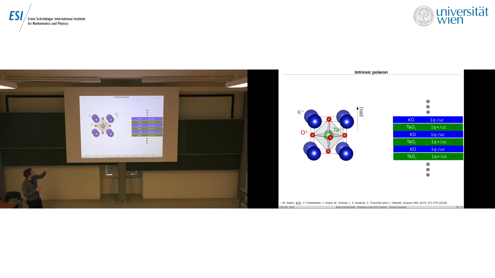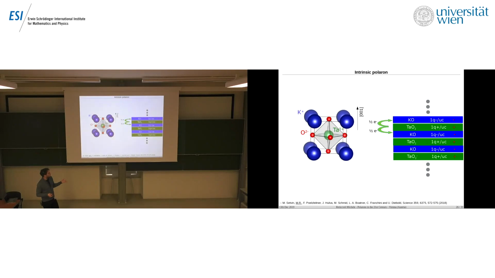If we consider this material made up as a layered structure, a layer of potassium and oxygen, and tantalum and 2 oxygens, as is shown here, then we see that one layer is negatively charged and one layer is positively charged, and we have this alternate stacking of positive and negative layers, which will correspond to a tantalum oxygen 2 layer donating 1 electron, half electron to the layer above, half electron to the layer below, half electron per unit cell.